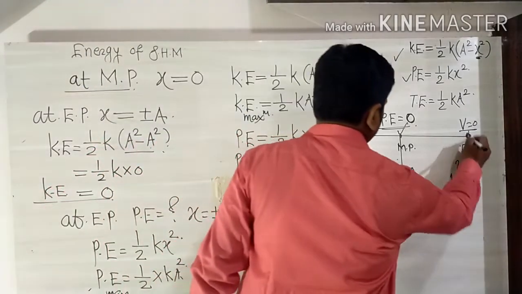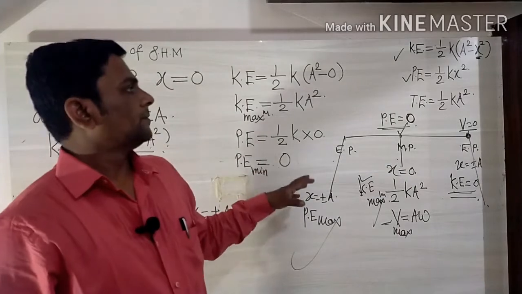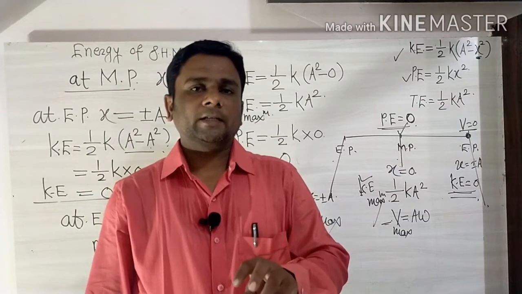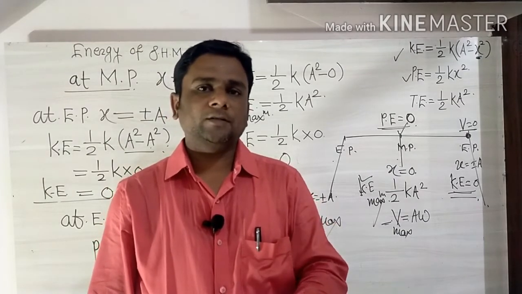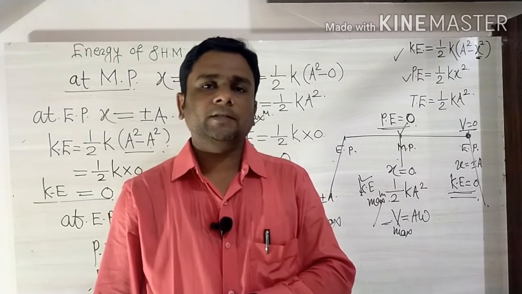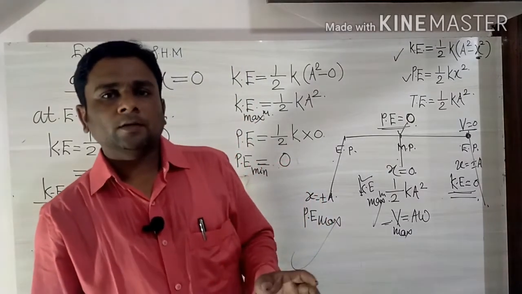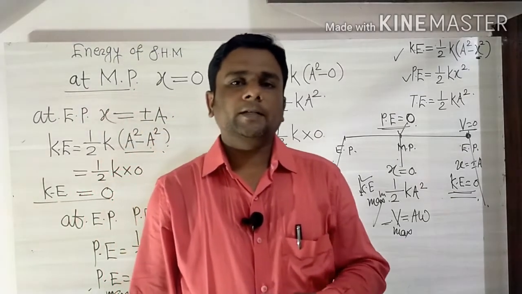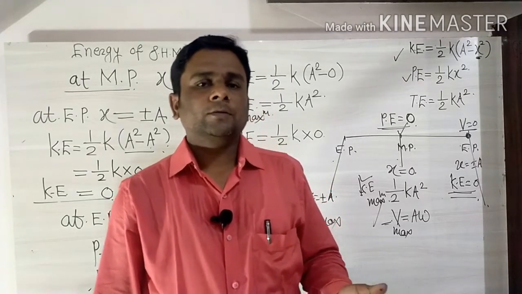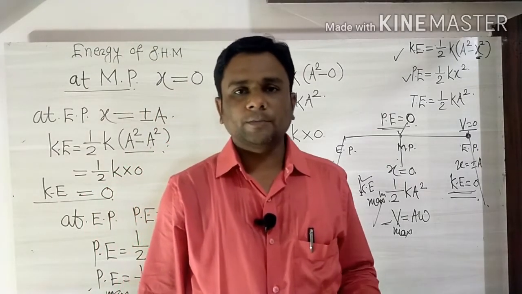So we clearly see that when a particle is performing simple harmonic motion, at the mean position kinetic energy is maximum but potential energy is 0, and at extreme position kinetic energy is 0 and potential energy is maximum. For the oscillating particle, kinetic energy and potential energy are interconvertible, so they perform to and fro motion about the mean position.